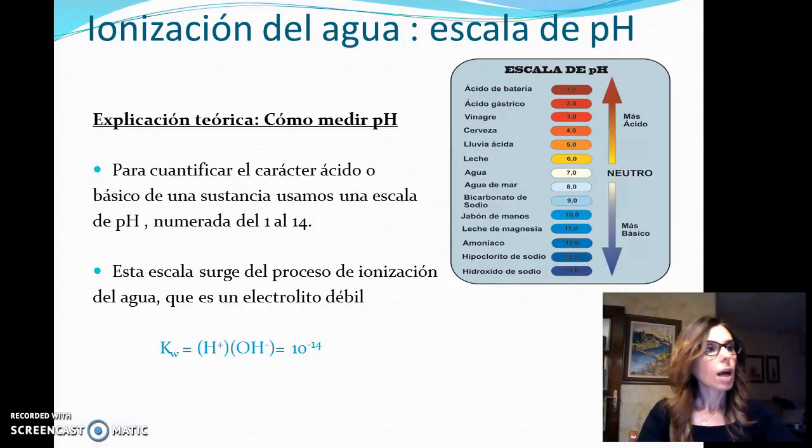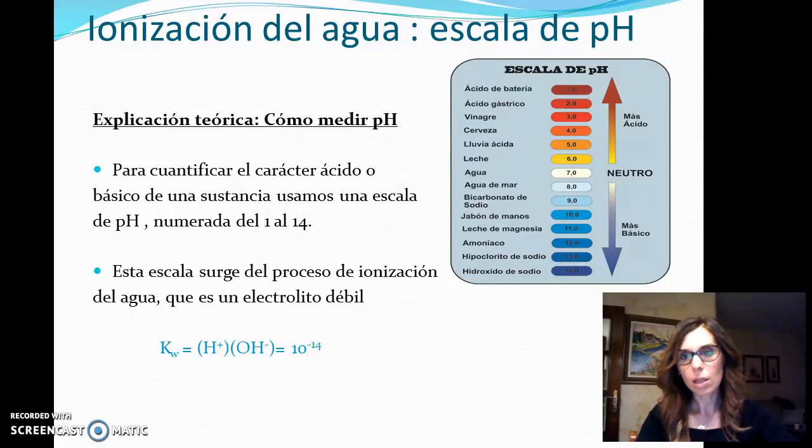We use a scale from 1 to 14 to see if a substance is an acid or an alkaline. We say an acid has a pH from 1 to 7 and an alkaline has a pH from 7 to 14.